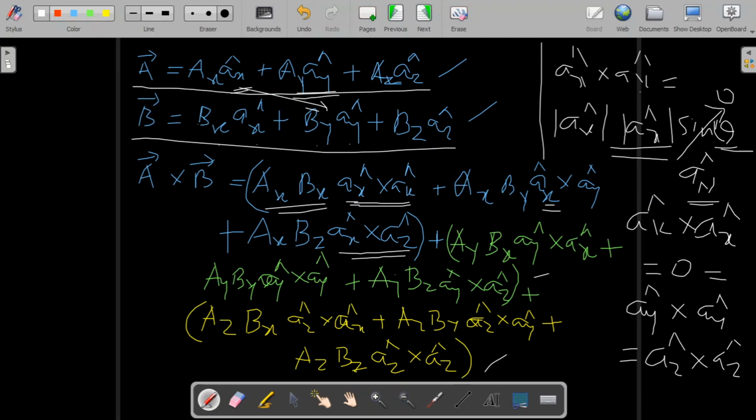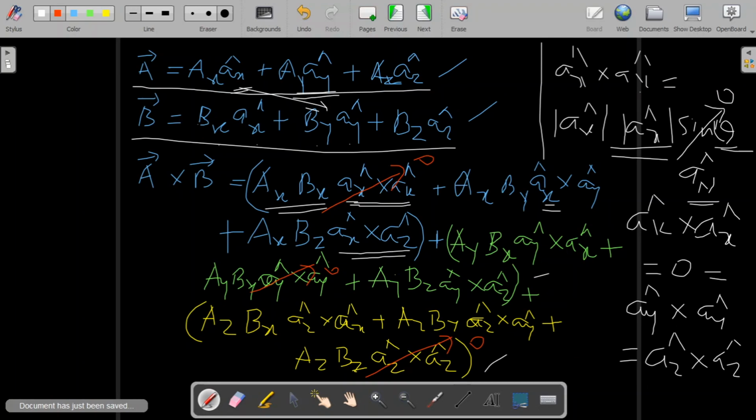So I get these terms to be 0. In this particular equation, all the terms with the same unit vector crossed will be 0. I hope there is no confusion in this.